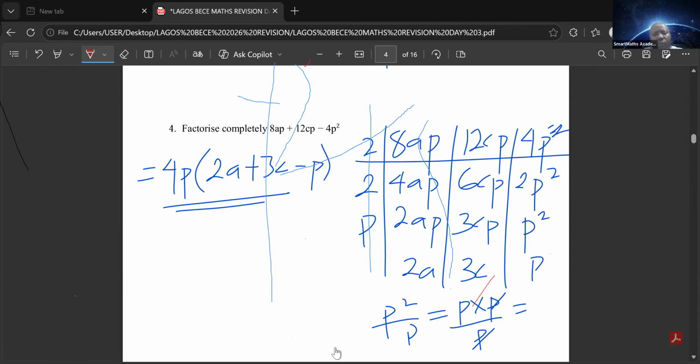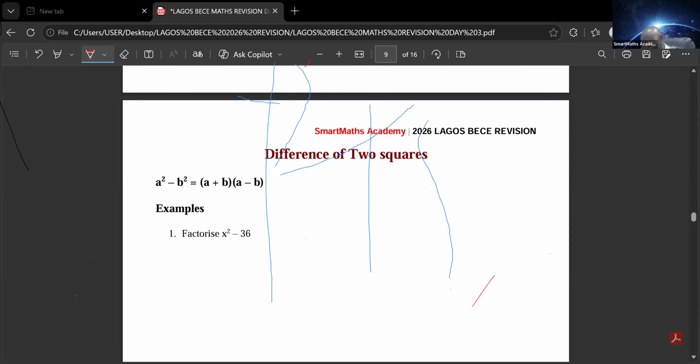The next one under factorization is difference of two squares. Difference of two squares is just a rule, and that is provable. Difference in mathematics means subtraction.